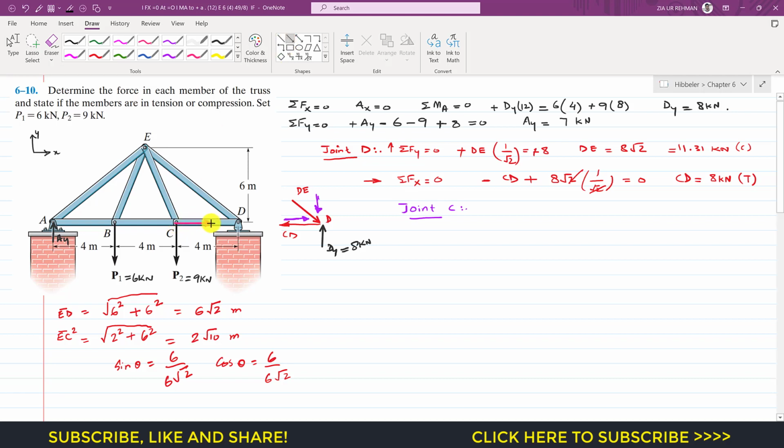So this is that CD force now which is acting away at joint C, since it's the tension force. Then let's say that the BC member is in tension as well, and let's say that this EC member is also in tension, and this is that P2 which is acting vertically downward.